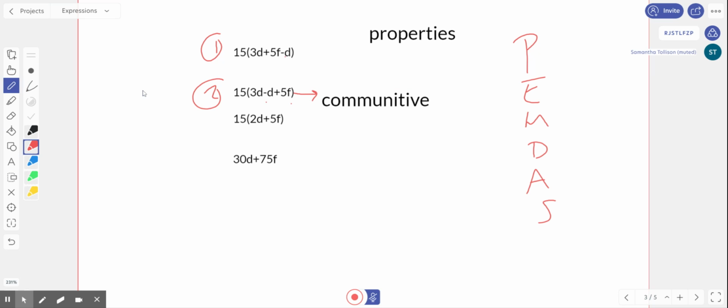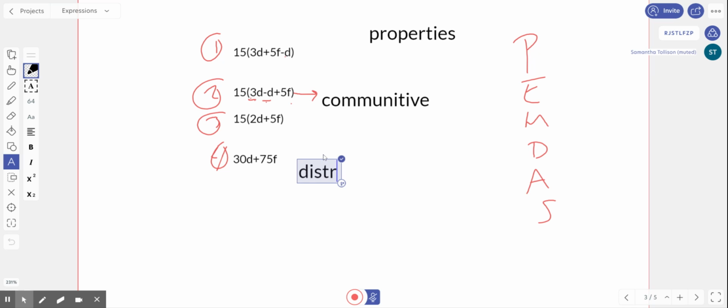In step 3 here, we just simplified. So I combined my like terms of 3d and negative d to give me a 2d plus 5. And then in step number 4, you can see here, this is called the distributive property. What that means is I simply distributed.